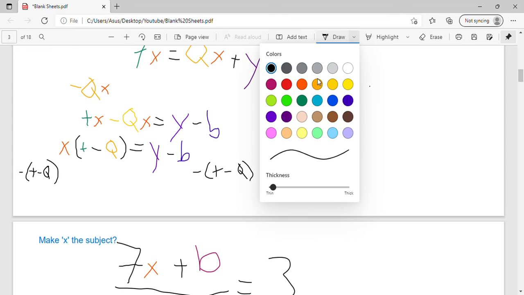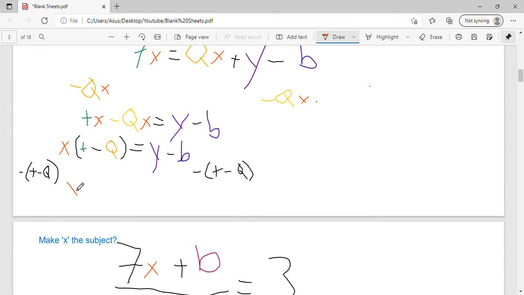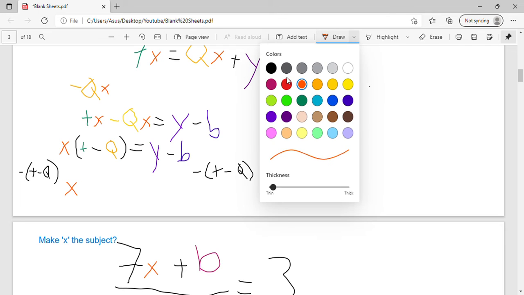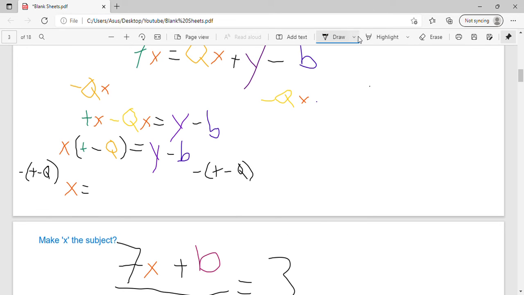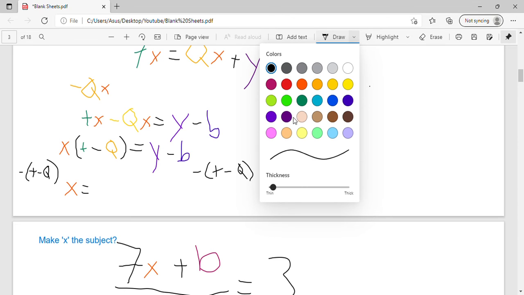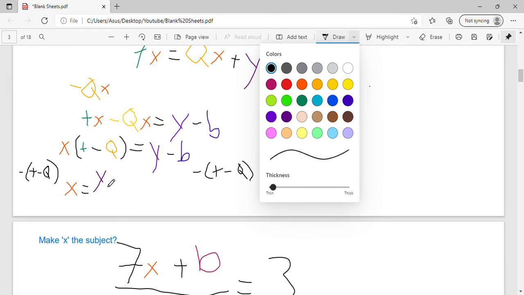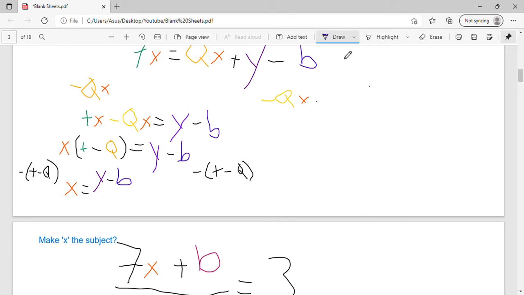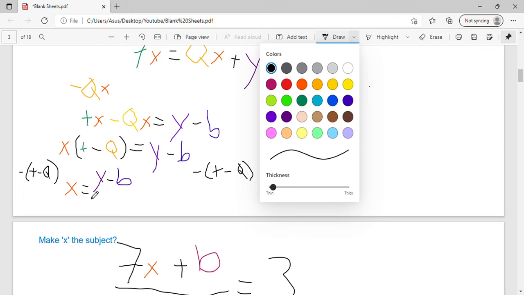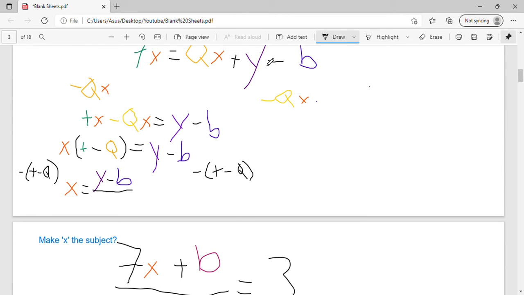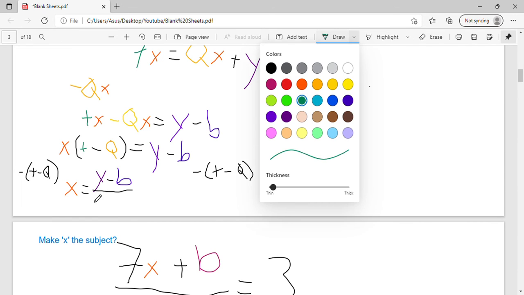That is going to give us x on its own, like we want. x on its own equals y minus b over t minus q.